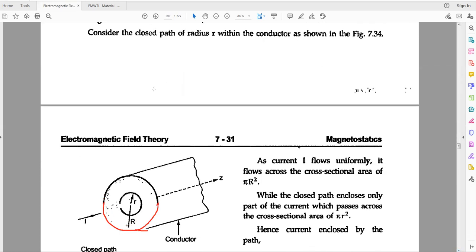Let us take small r less than R, meaning inside the conductor. The current I flows uniformly across the cross-sectional area pi R square, the total radius, while the closed path encloses only the part of the current which passes across the cross-sectional area of pi r square.